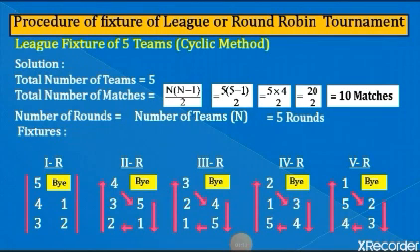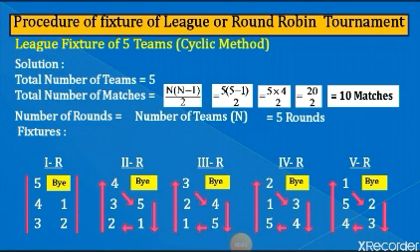In this tournament, there are 2 matches in each round. In the first round, the matches are between 4 and 1, 3 and 2. In the second round, between 3 and 5, 2 and 1. In the third round, between 4 and 2, 1 and 5.